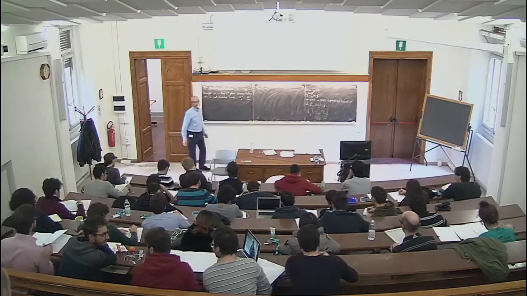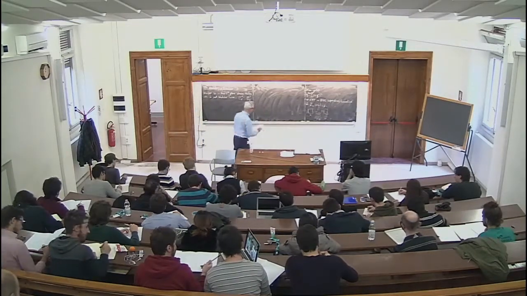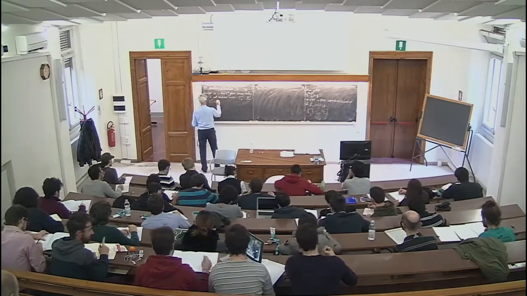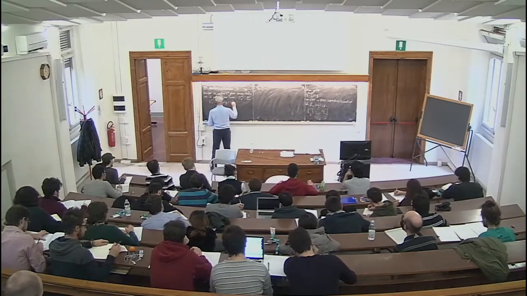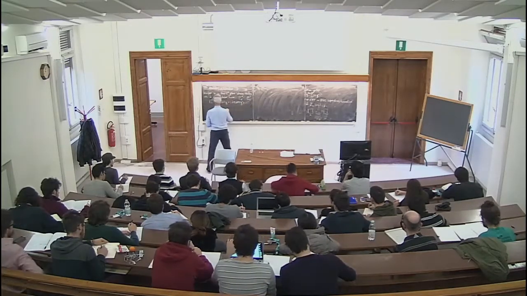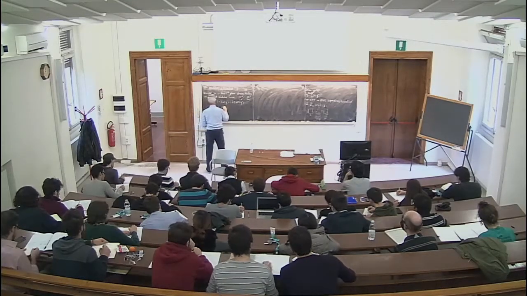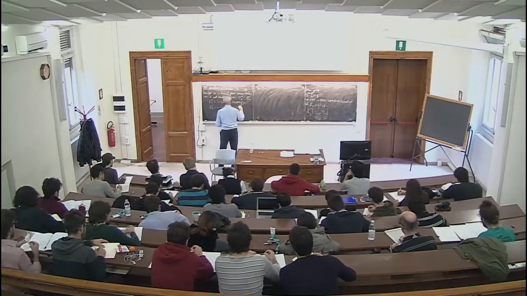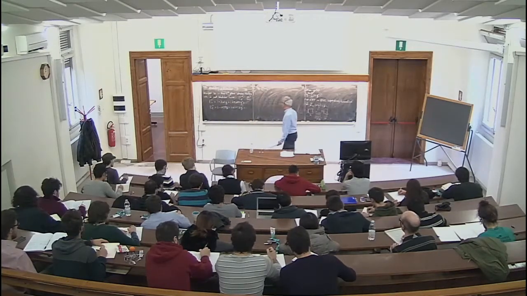So E6 squared and E4 cubed are two independent modular forms of weight 12. Well, I guess it could be that they were somehow the same, but we have formulas for these things, and so you can work out what they are. And they're clearly not the same.